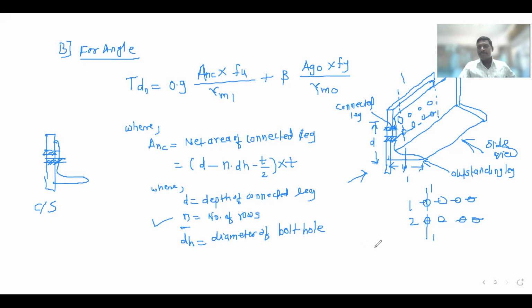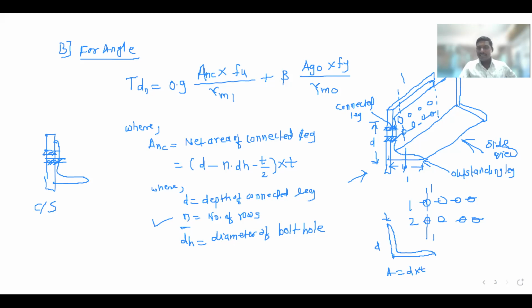Anyone can tell me? How does an angle look? The angle looks like this. If this is the D and this is the T, then what is the area? D into T directly, correct?